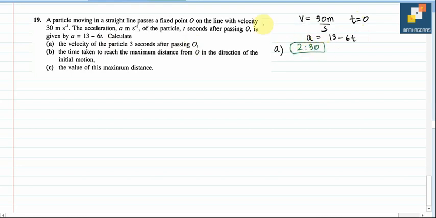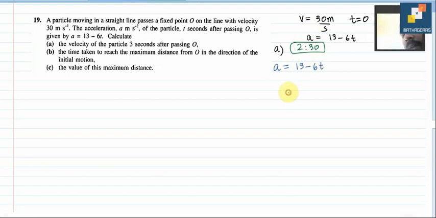So start. Alright. So firstly, acceleration equals 13 minus 6t. Alright. So the integral, it will be velocity is equals to 13t minus 6t square divided by 2 plus c.